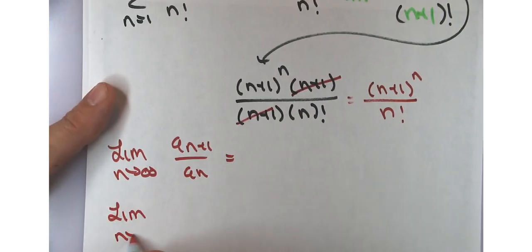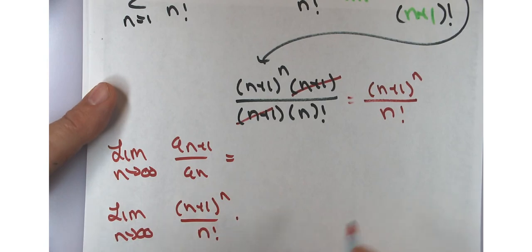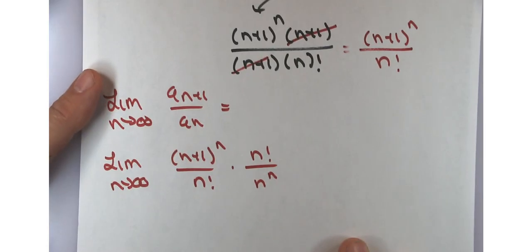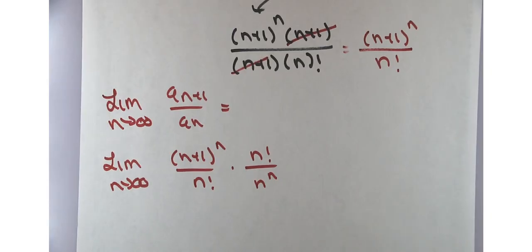The limit as n approaches infinity of n plus 1 to the nth power over n factorial times n factorial over n to the nth. And it's nice that we simplified that a sub n plus 1 term.